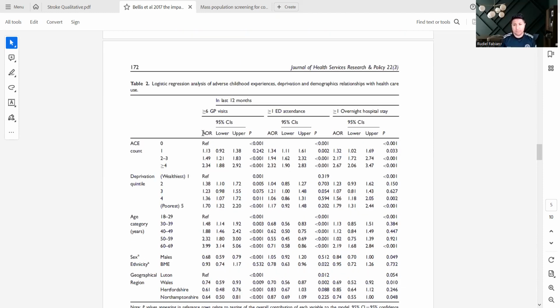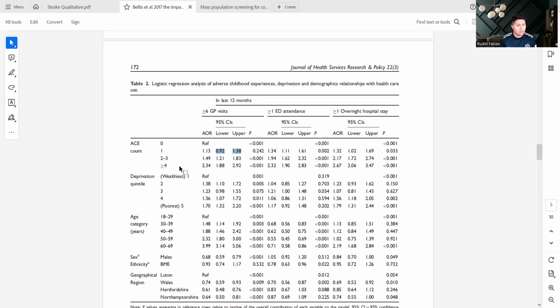So this is adjusted odds ratio, AOR, and you'll see that it has a number like 1, and then it has a lower bound and upper bound. What this is testing is whether the ACE count of 1 is equal to the ACE count of 0. So your null hypothesis is that you're no more likely to go to a GP if you have an ACE count of 1 than if you have an ACE count of 0. That's your null hypothesis.